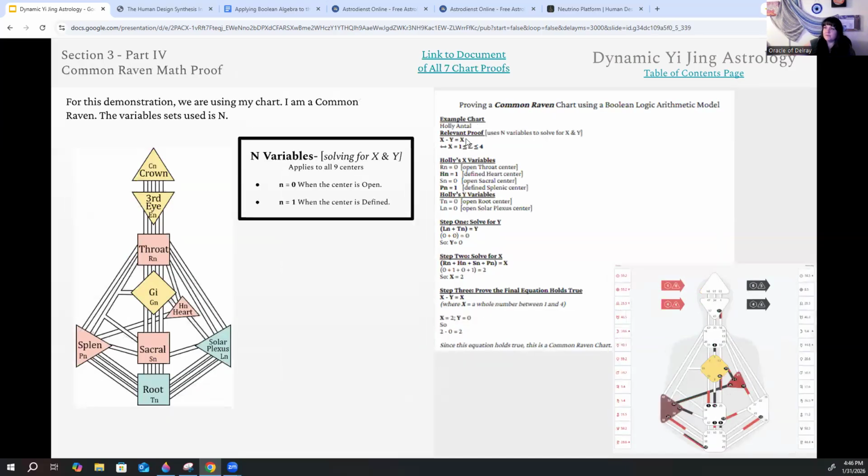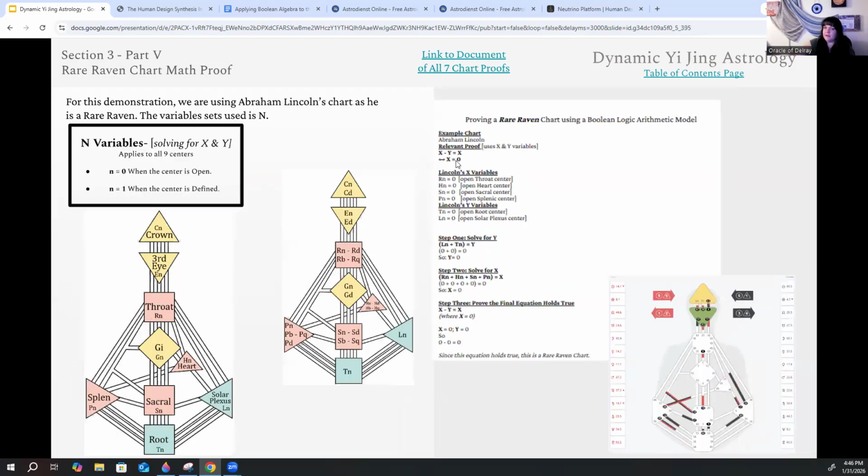Whereas mine is x minus y equals x, but if and only if x is a number 1 through 4. Again, x minus y can't equal x unless y is 0 here, and you want x to be a number 1 through 4. So that's where x and y get used in the rare raven and common raven chart proofs.